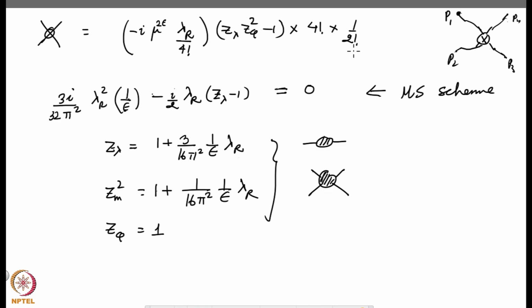So if you recall how our Green's functions are written, I'm just writing the numerator part. We had learned this in the first course. So you have, okay, I'm just writing Green's functions in coordinate space. Okay, here in this case it will be 4, but I'm just writing a generic one.